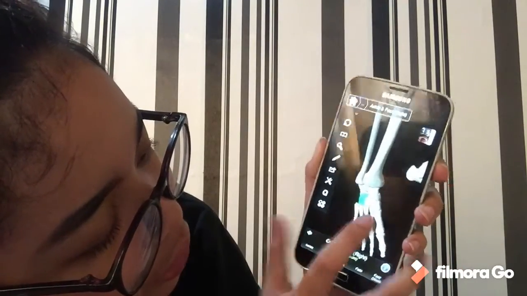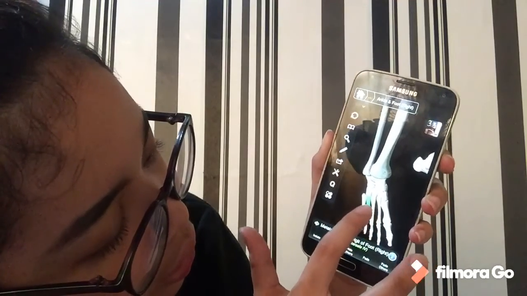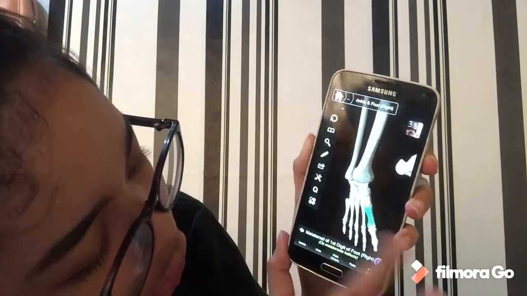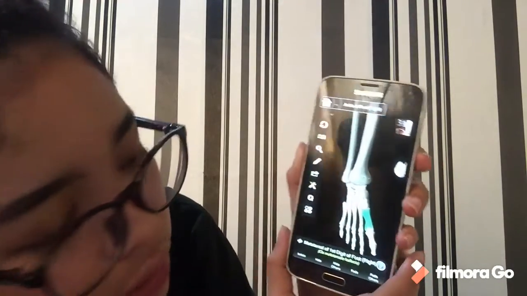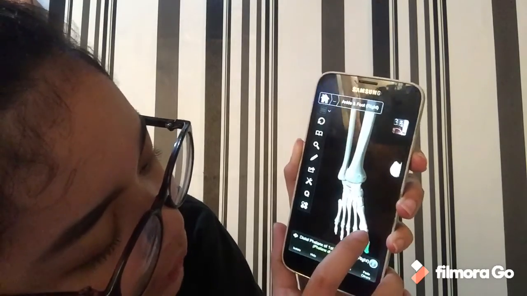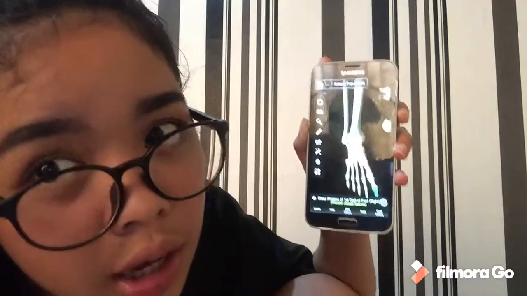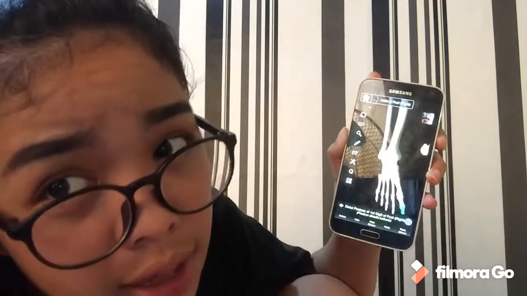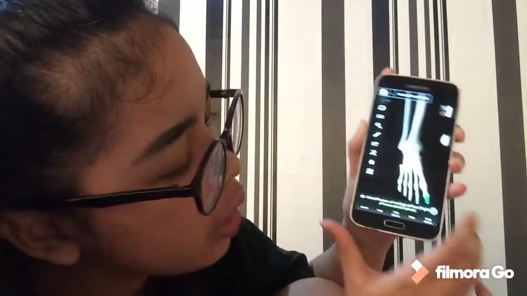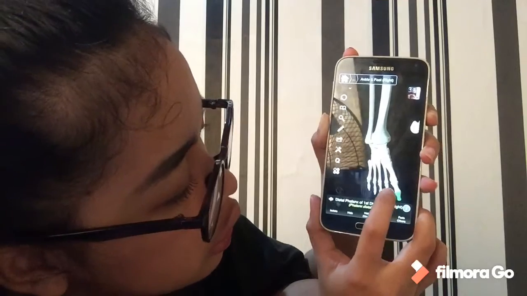Tas here, this is the metatarsals and the distal. Then the phalanges, the middle phalanx.